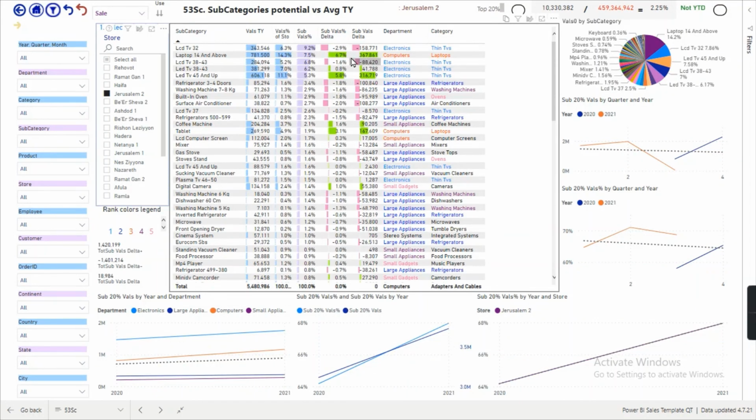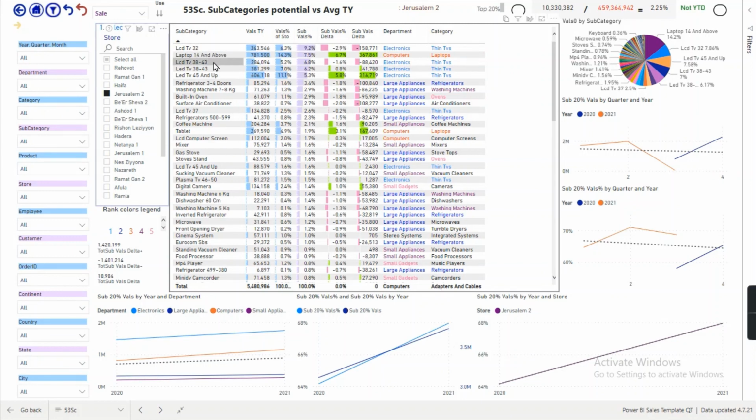Jerusalem 2 is very above the average in big laptops and huge LEDs and tablets and also coffee machines, and is under the average in all the TVs, LCDs.